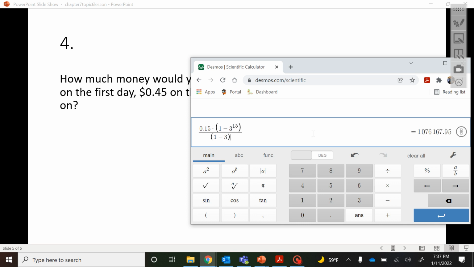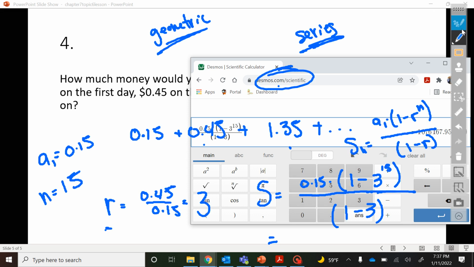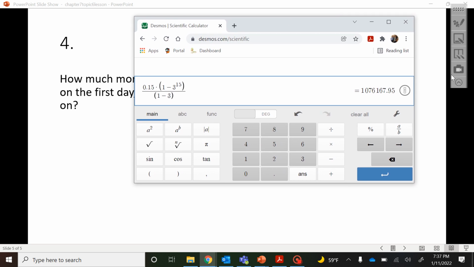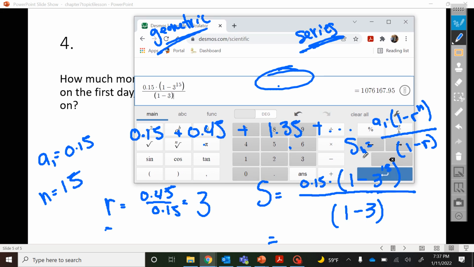Okay. Now, most of the time, we would turn this into a fraction. However, and I can't even see it where it is. However, since the context of the problem is dollars and money, we don't really write dollars and money as a fraction. So we're going to leave it like this. 1,076,167.95.